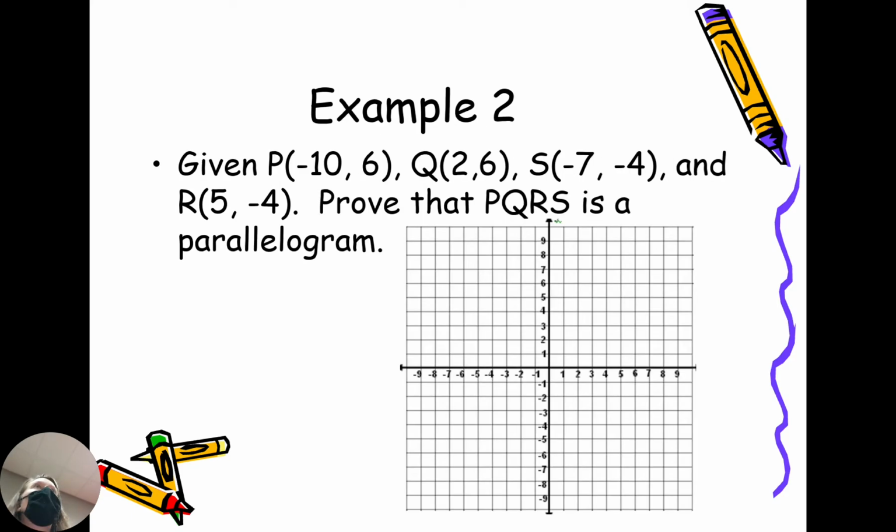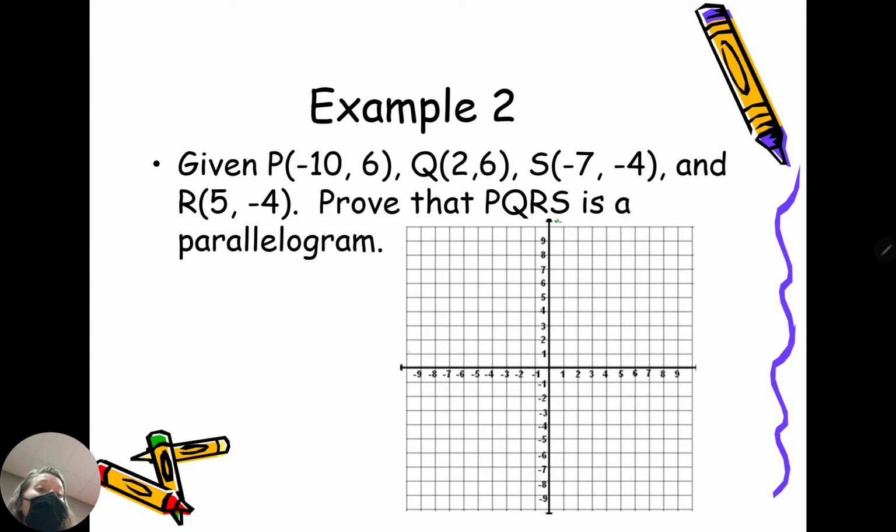All right, so a quadrilateral in a coordinate plane is a little trickier to prove. These are going to be some practice problems that we're going to do throughout this unit, but let's start with one. The first step in these is we're just going to graph.